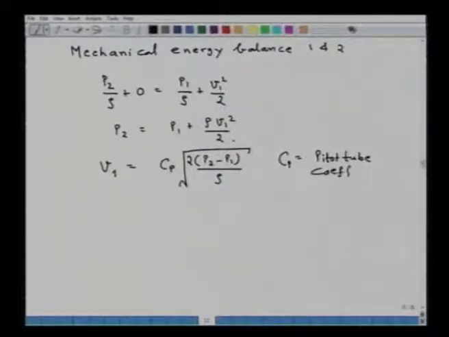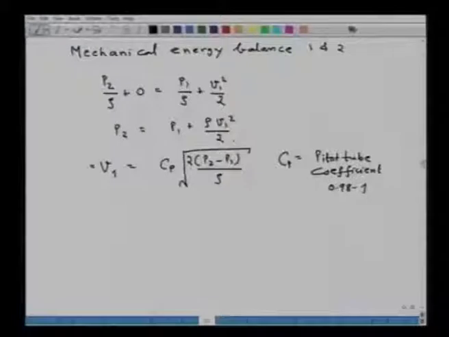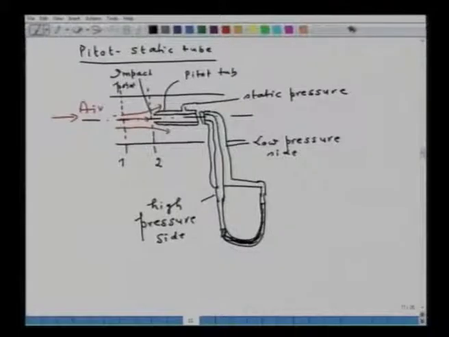This is to take into account losses due to friction, and its value for a well designed pitot tube varies between 0.98 and 1. Now, here you should also note that V1 is equal to V maximum, because what we are measuring here is the center line of the flow.